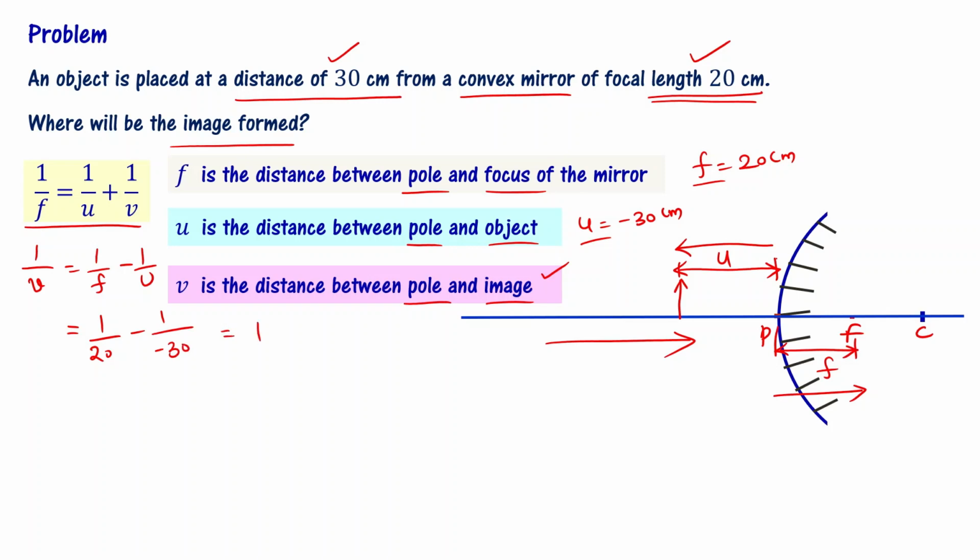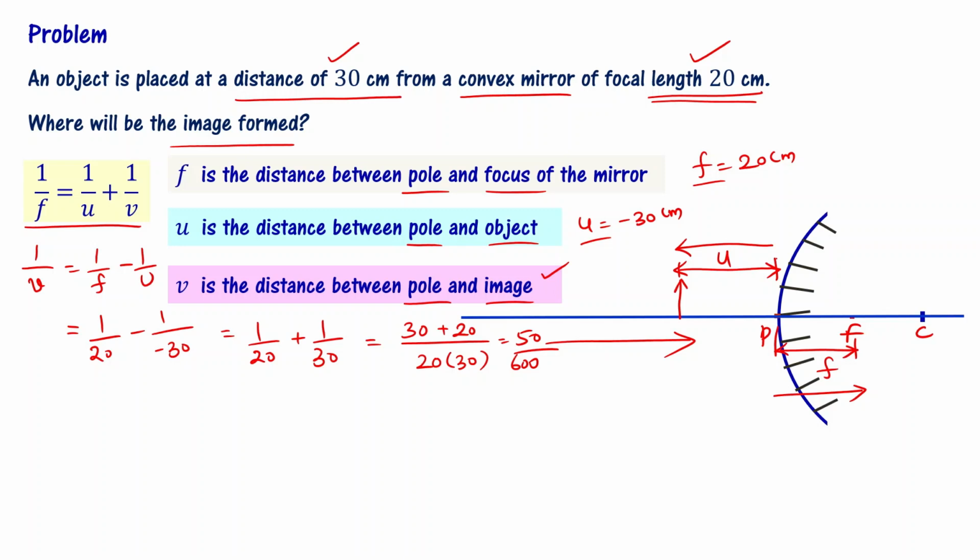This can be written as 1/20 plus 1/30, right? Now I can write this as 20 into 30, right? In the numerator, 30 times 1 plus 1 times 20. So this is going to be 50 divided by 600.